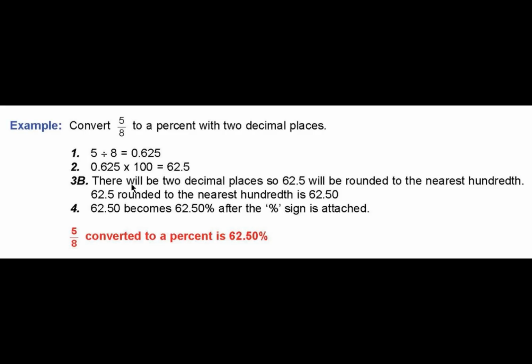So 62.5 will be rounded to the nearest hundredth. 62.5 rounded to the nearest hundredth is 62.50.